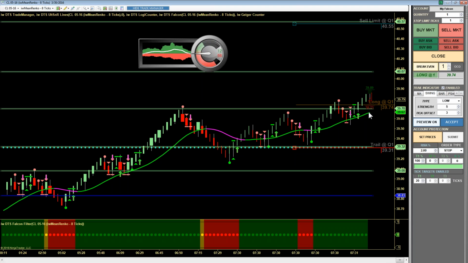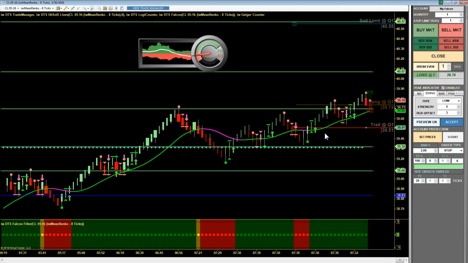Come on, keep going. Sometimes it helps if you give it a little push with your mouse. Come on, get up there. Still a lot of buying pressure, which is good to see. The seller's trying to fight it back. You can see we're getting some selling coming into the market now. And you see Trade Manager rolled my stop from down here to below the next swing low.